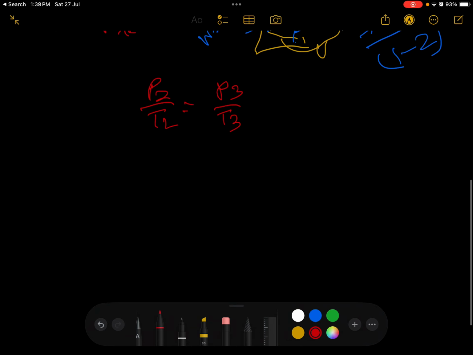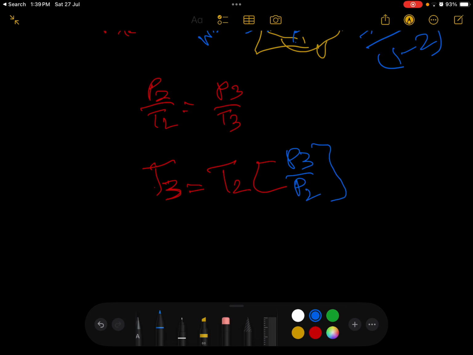P2 divided by T2 equals P3 divided by T3, so we can work out T3. T3 equals T2 multiplied by P3 divided by P2. This is a constant volume process, where V2 equals V3.